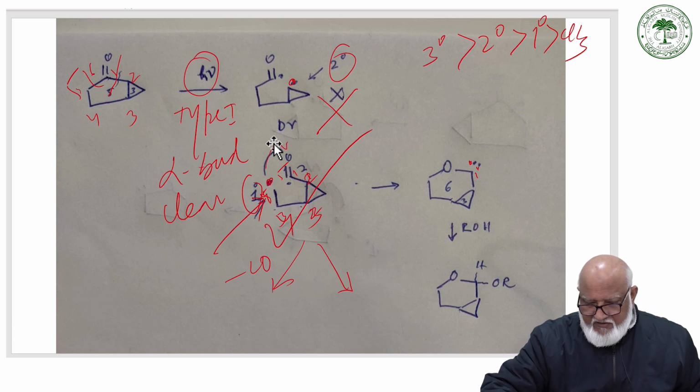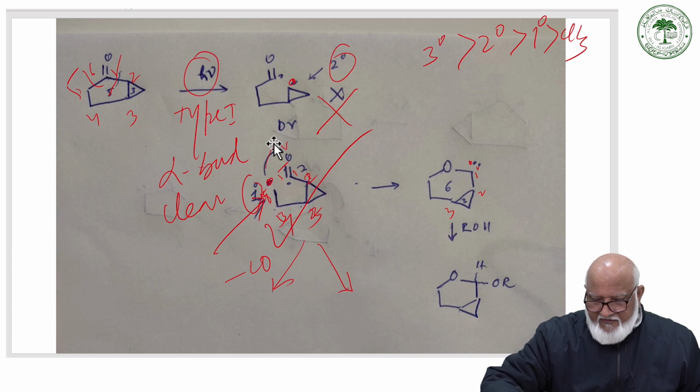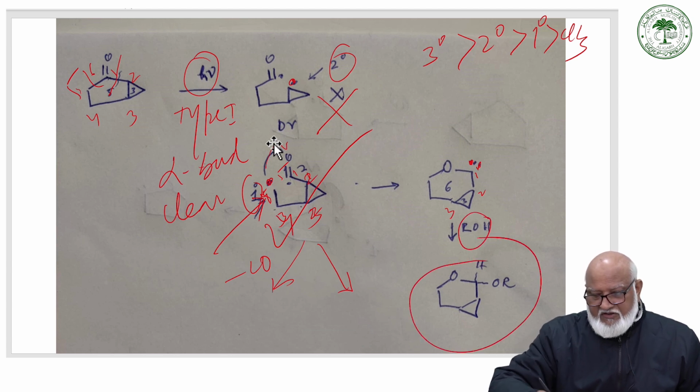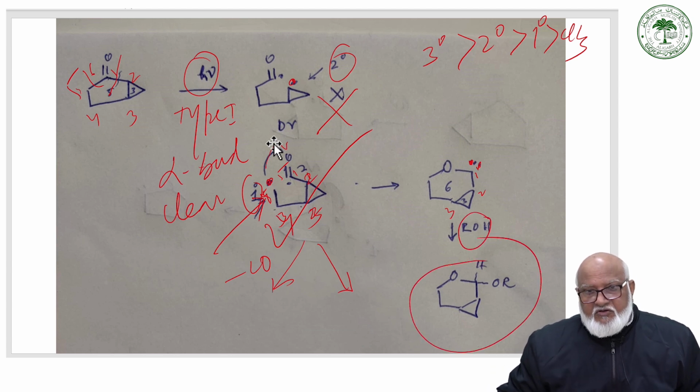So there is a cyclopropane ring between carbon number 2 and 3. And this carbene is going to be generated on carbon number 1, and in the presence of ethanol it is going to give this ring expansion product.